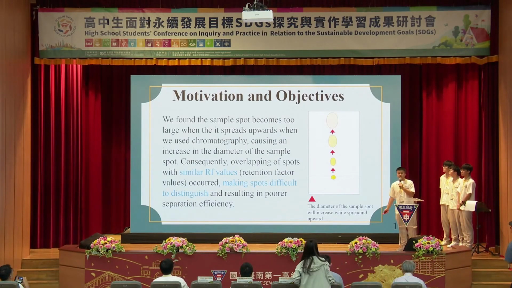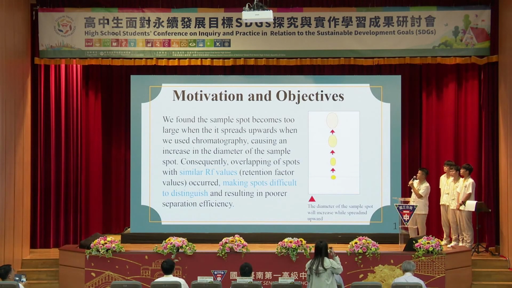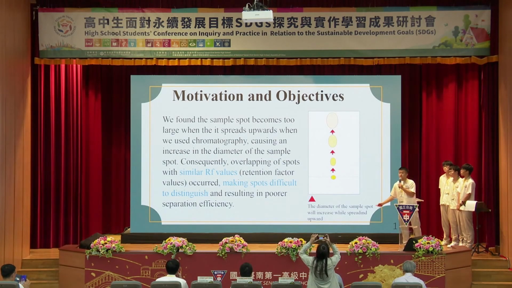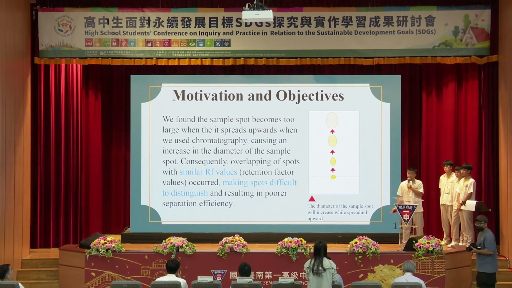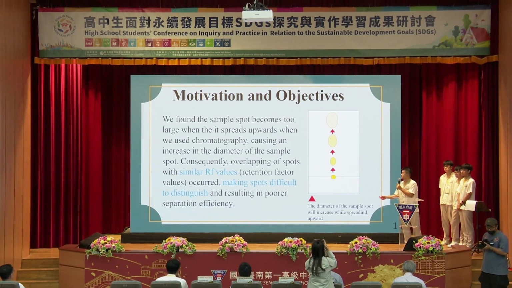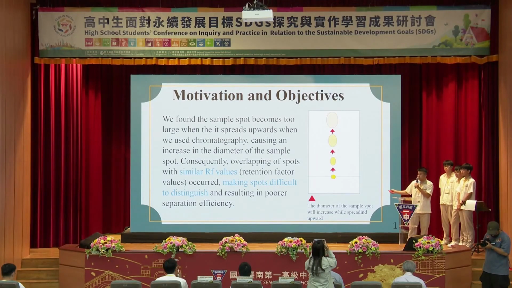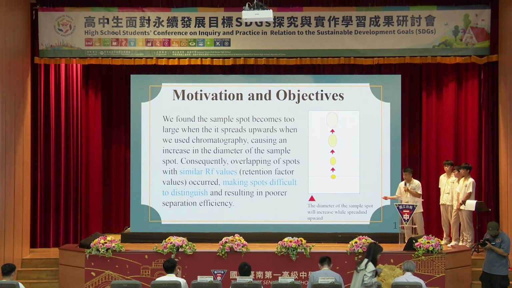First, let's look at our motivation and objectives. When we do the chromatography, those multiple samples might overlap together, and it will cause us difficulty to distinguish, resulting in poor separation efficiency.